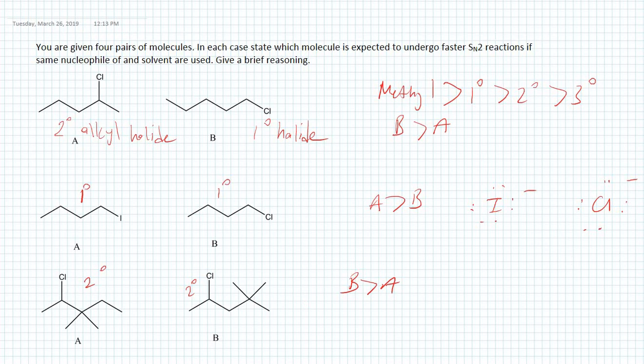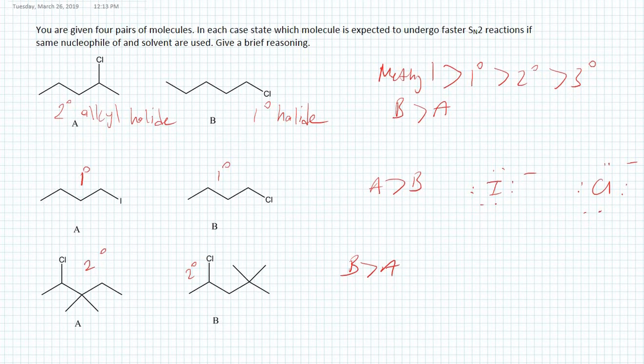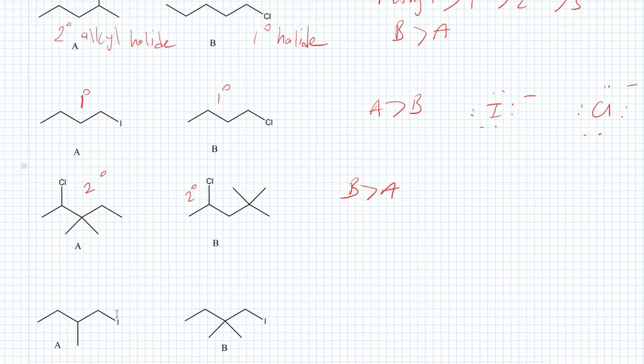Okay, let's move to the last option. The last option is very similar to the previous question. Again we have two same leaving groups, iodine and iodine, so the leaving group effect will be the same. The substrate here is a primary iodide, and this one is also primary.